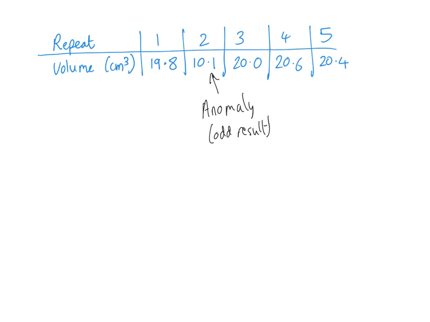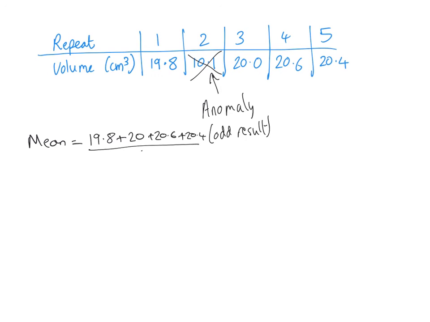Now, the crucial thing about anomalies is that you do not include them in your mean calculation, because if you do, it will make the mean too high or too low. So we ignore it. We acknowledge that we did it, and we acknowledge that it's there but slightly wrong. And so when we calculate the mean, we use the other 4 values, 19.8 plus 20 plus 20.6 plus 20.4. So those are our 4 numbers that we're using.